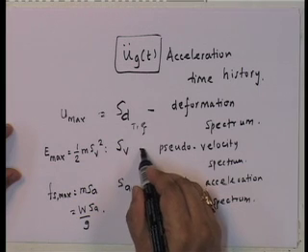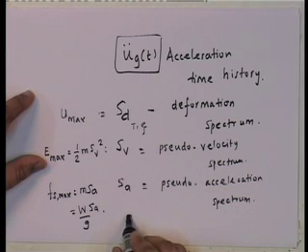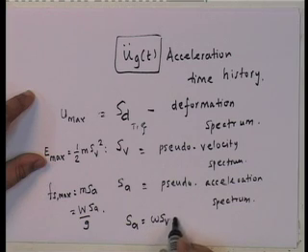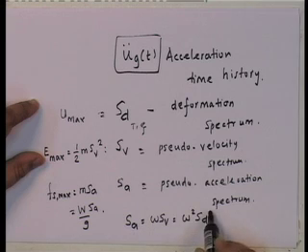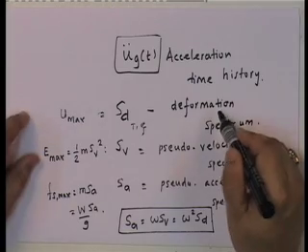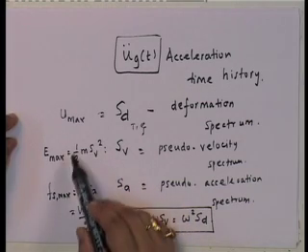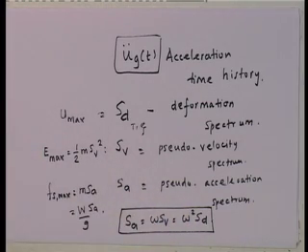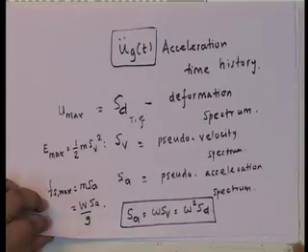And SA and SV are connected to each other: SA is equal to omega SV, which is equal to omega squared SD. So, understand that this is the true deformation spectrum, the other two are pseudo, but they are important because each one represents a particular aspect of it. So much for this.